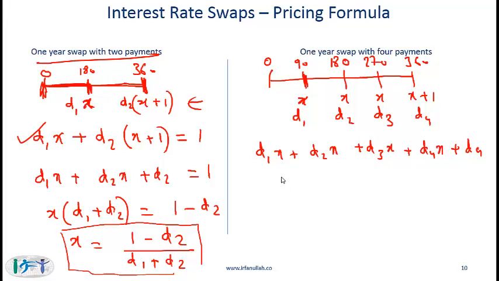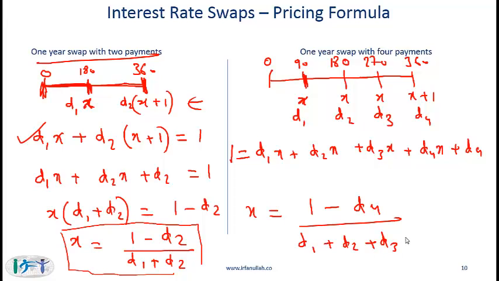And then we need to make this equal to the present value of a floating rate instrument. What is the present value of a floating rate instrument where the par value is 1? That is simply 1. And here, when you solve for x, what you will get is the following. So x will be (1 minus D4) divided by (D1 plus D2 plus D3 plus D4).